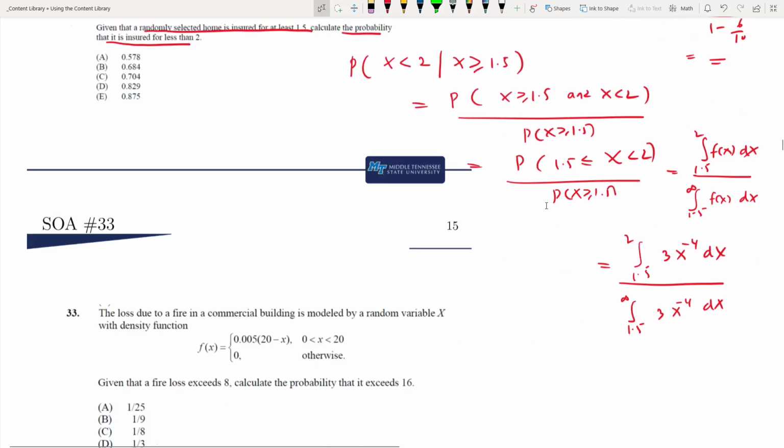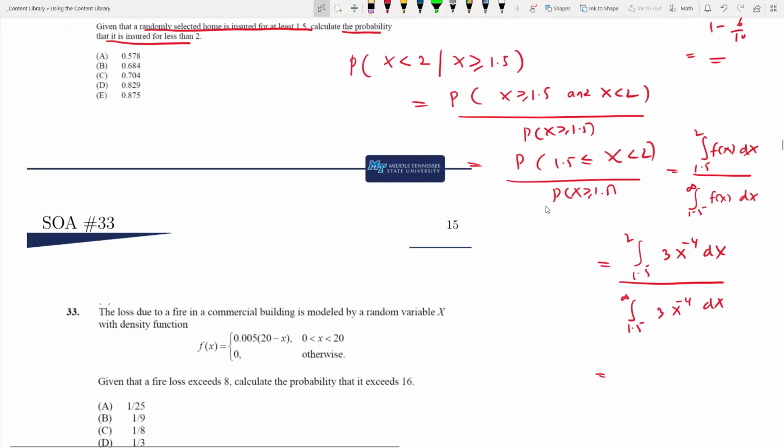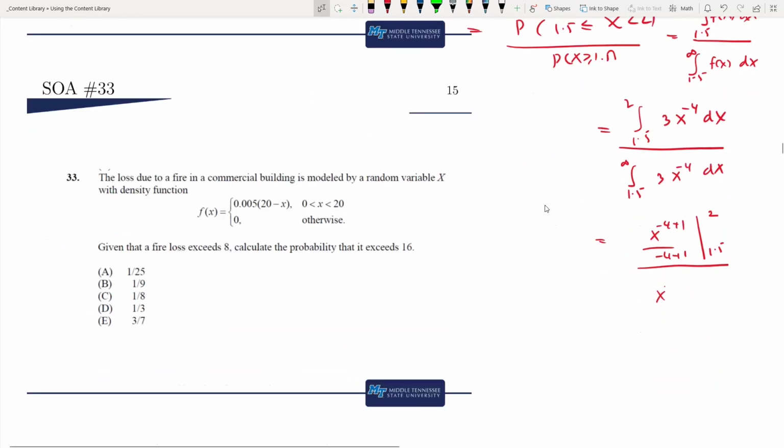So 3 and 3 cancel out. And then we will have the integral that gives us negative 1 over x cubed, from 1.5 to infinity.